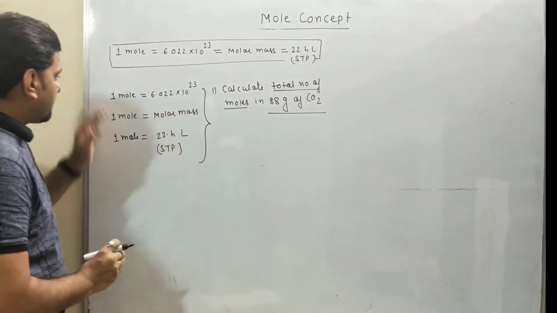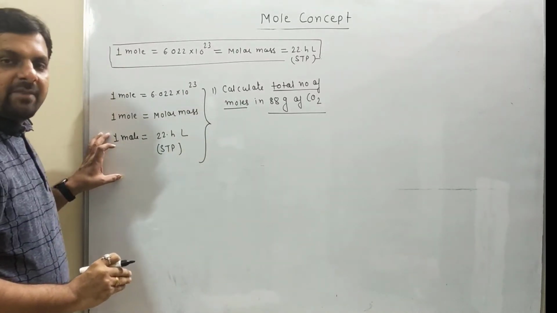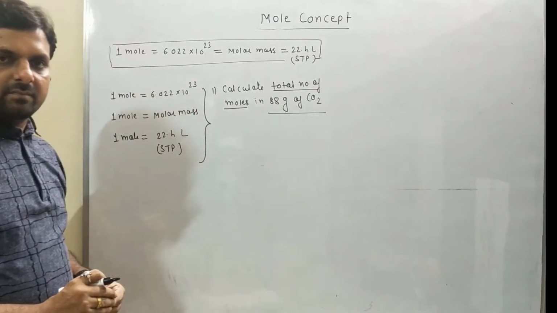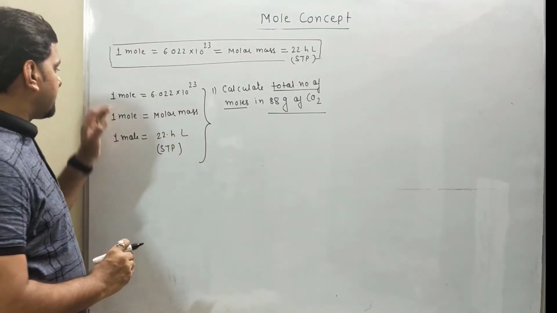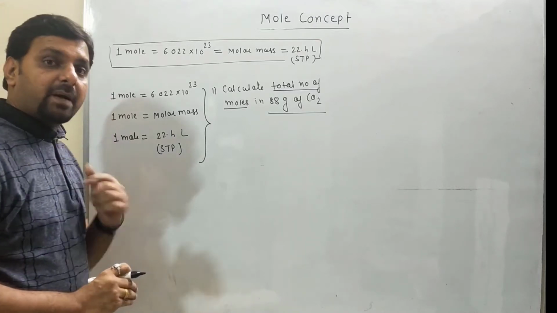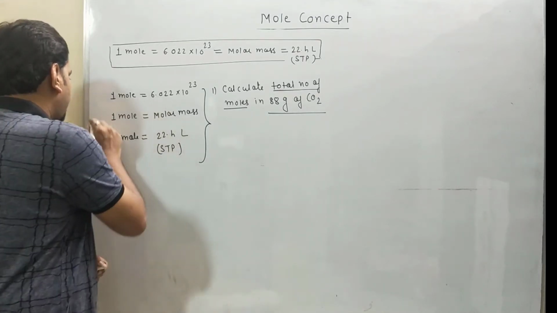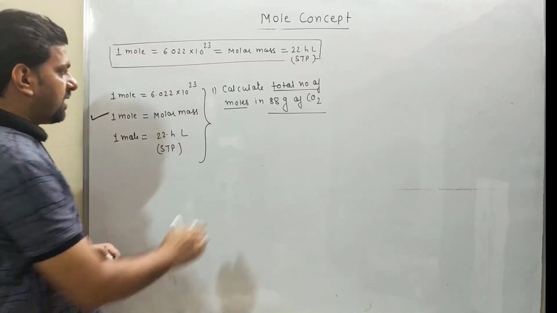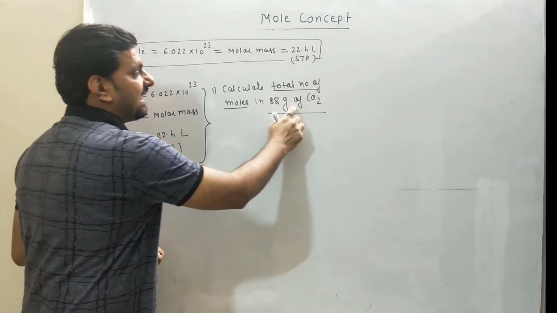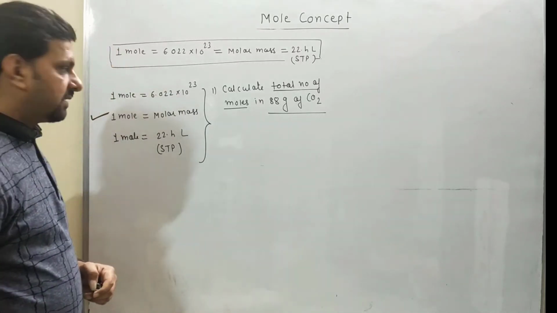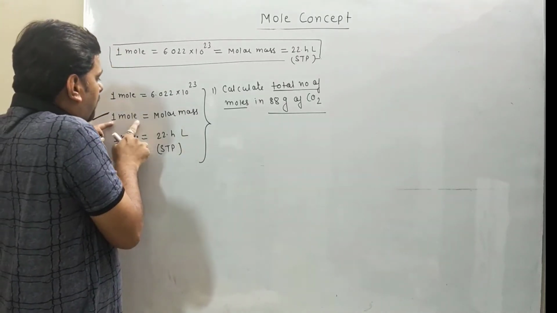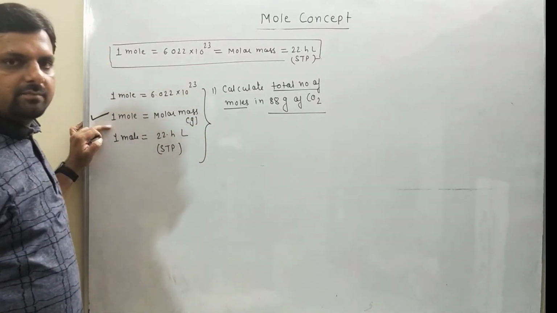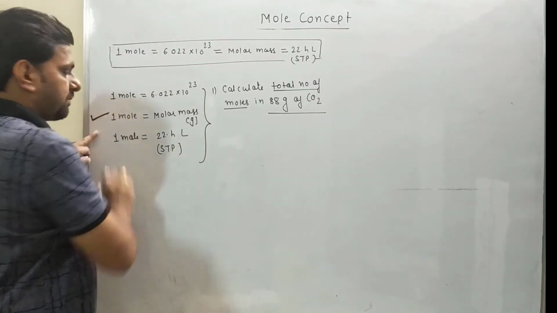So from these three relationships, we can easily calculate total number of moles. But the question is, which relationship I should use? So I will use the second one. Why? Because here 88 gram of CO2 is given, and in this relationship 1 mole equal to molar mass, which is in gram. So I will use this relationship.